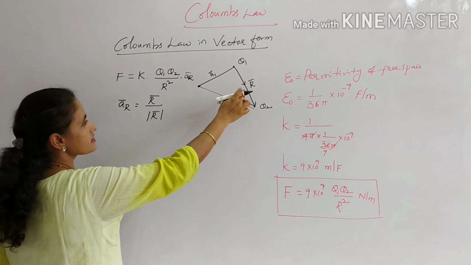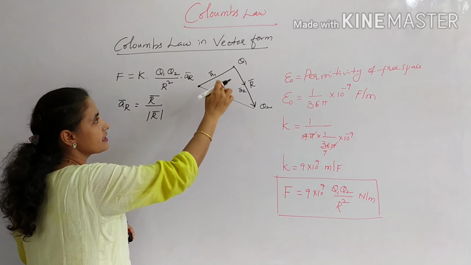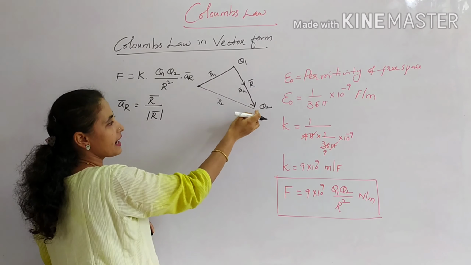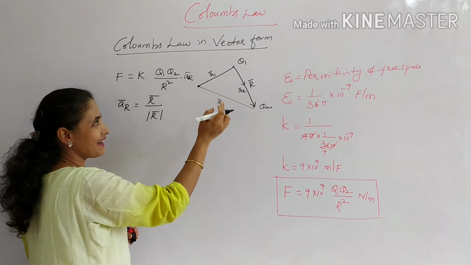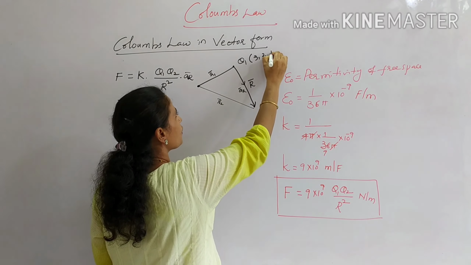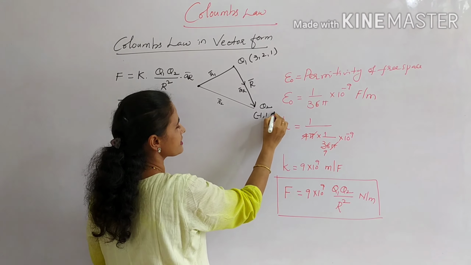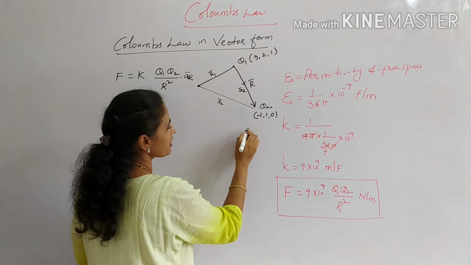Now what is this distance vector? It is the distance between these two point charges. This is the distance r1 and this is the distance r2. For example, if r1 has the coordinates 3, 2 and 1, and r2 has the coordinates -1, 1 and 0. Then what is r2 bar?